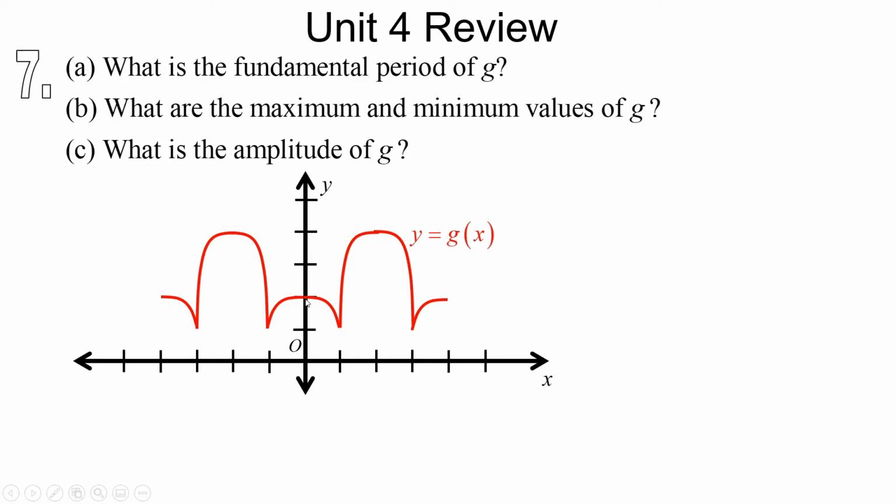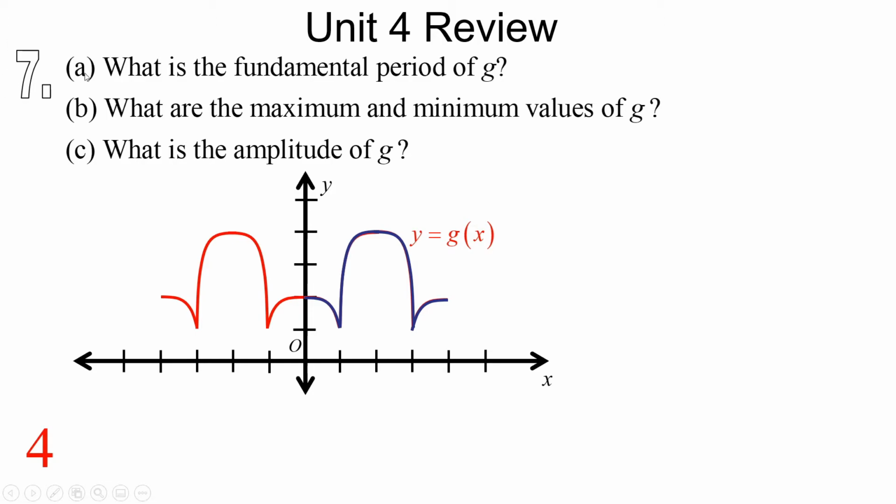Well, it looks like this part of the graph is the entire pattern that I could have translated to the left and put the whole thing right on top like that. So I'm going to say that this has a period of 1, 2, 3, and 4. What is the fundamental period of g? 4. Okay. Now, I like to think of this going on forever in both directions, the same pattern, but that'll work.